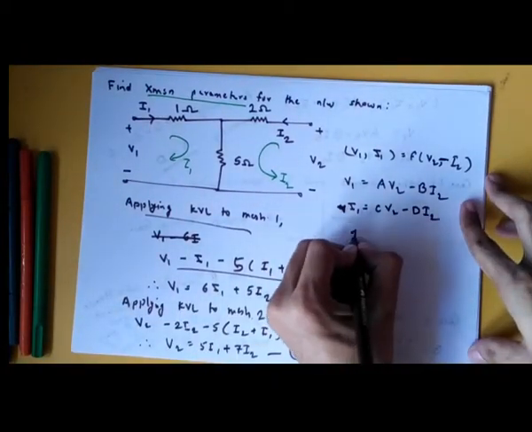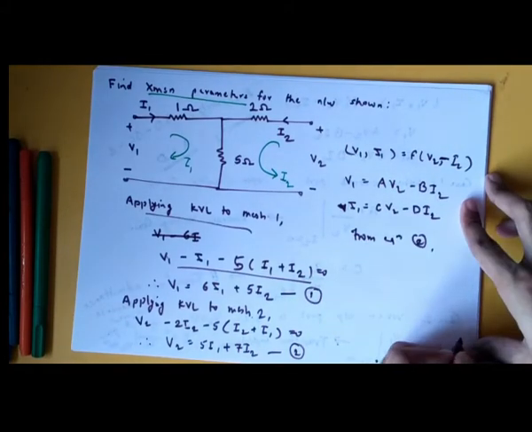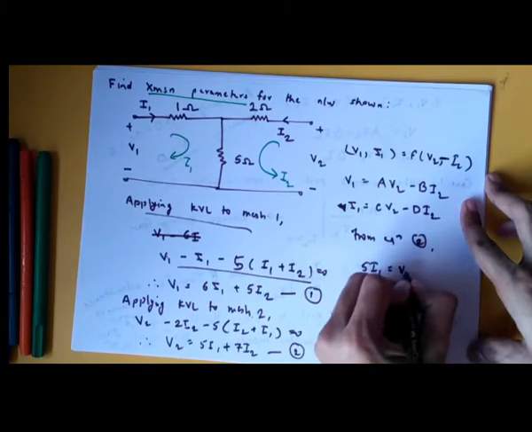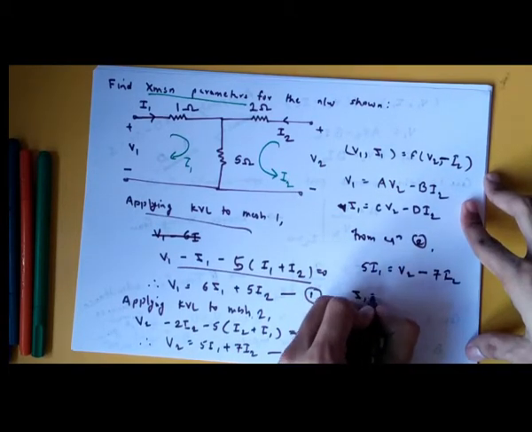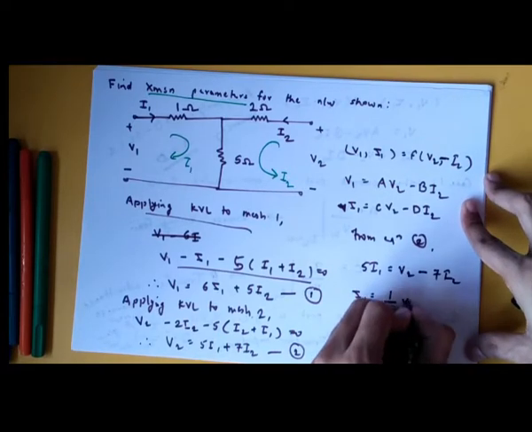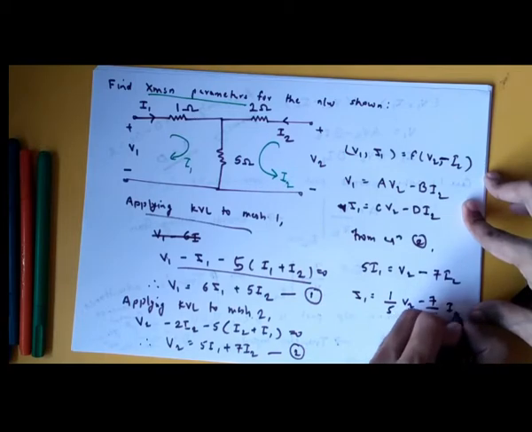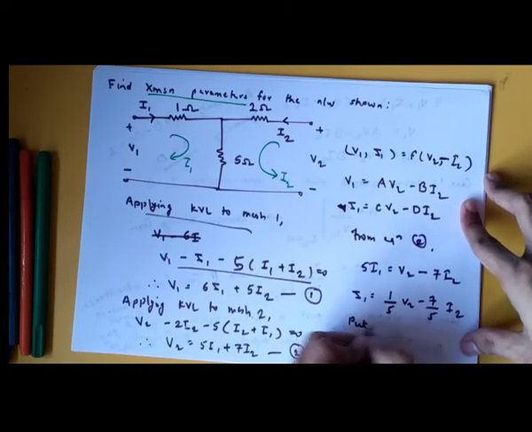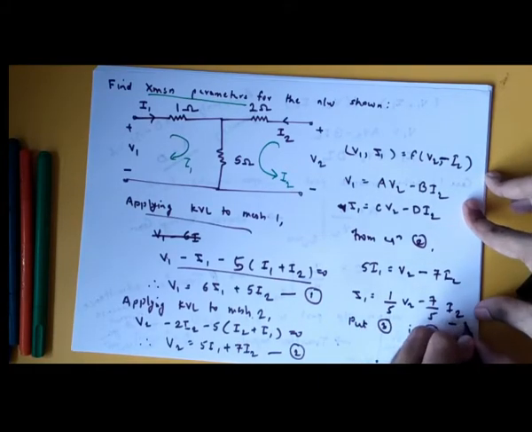So from equation 2, what will be I1? 5I1 will be V2 minus 7I2. So I1 will be 1 by 5 V2 minus 7 by 5 I2, right? This is equation number 3.